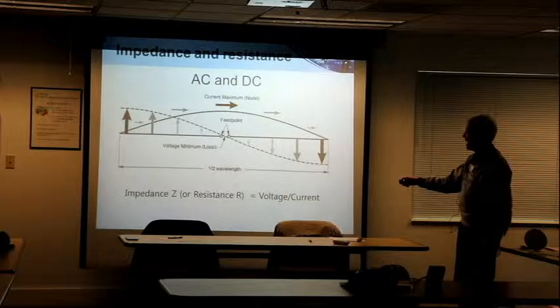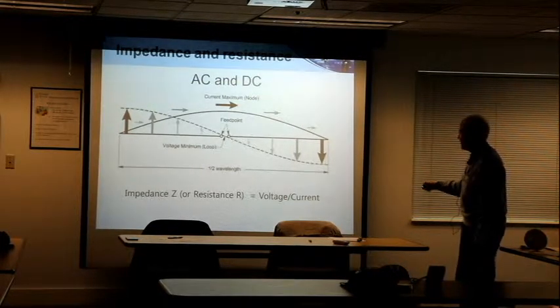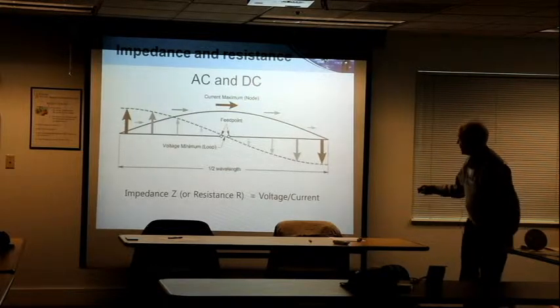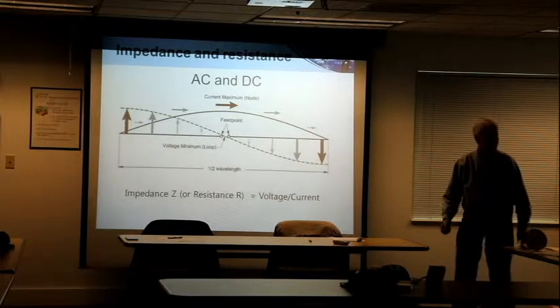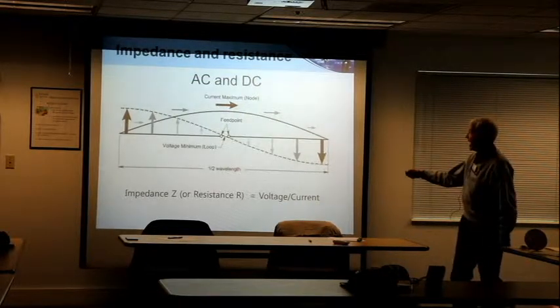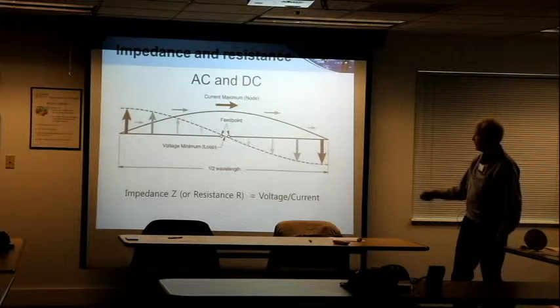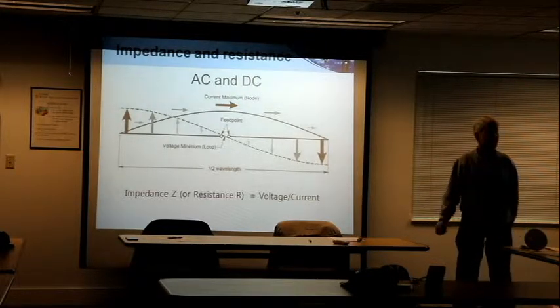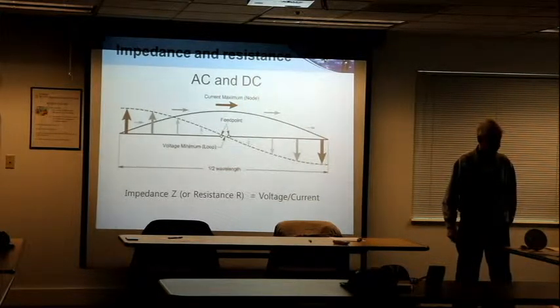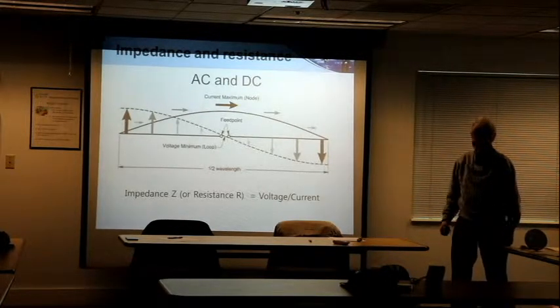And the voltage, on the other hand, is way high with this dotted curve at the left and the right end of this antenna. So the left and right hand ends are high voltage points. The center is a high current point. And so the relationship between the voltage and the current is what we call the impedance. The ratio between voltage and current is an impedance measurement.